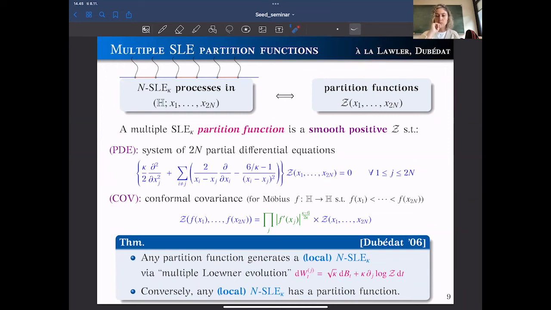And now we could, instead of understanding the multi-curve model, try to just understand these functions, which are given by some properties. But of course, there are many functions satisfying these properties. So you see that for each variable, I have an equation. So there are 2N equations if I have 2N points, and so capital N curves.